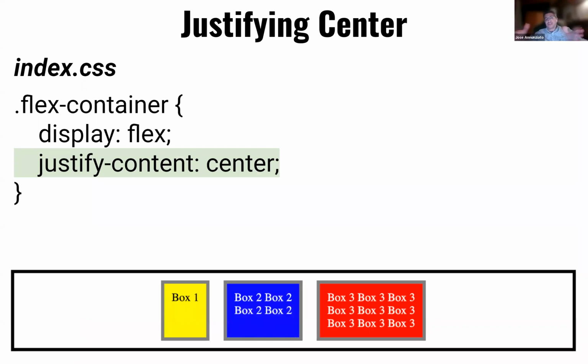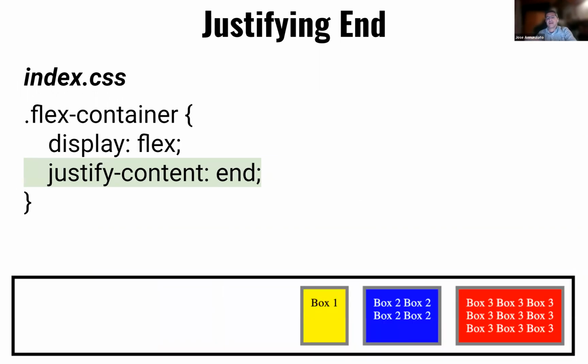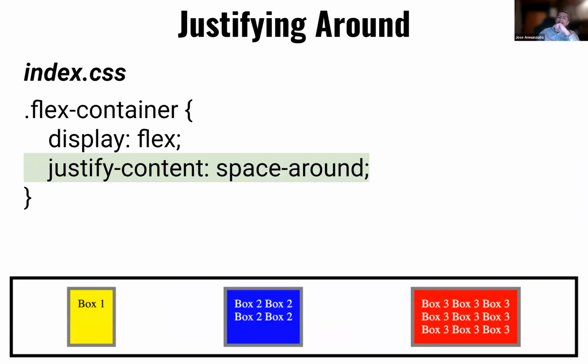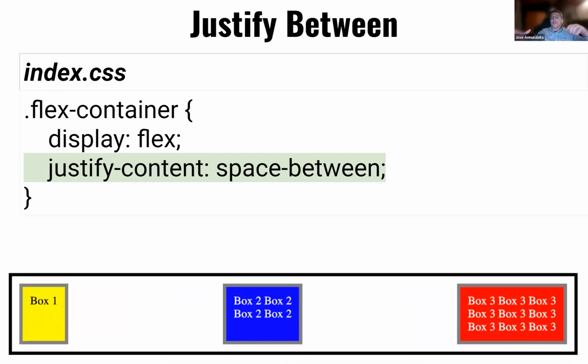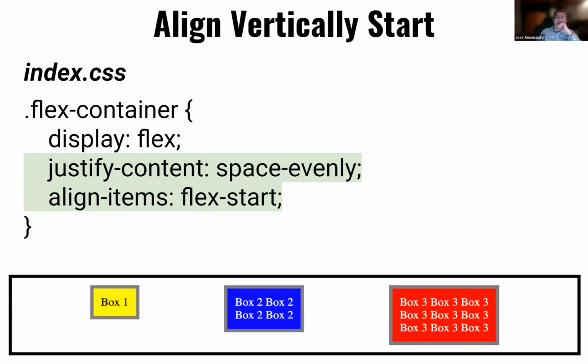Or do they justify to the right, or to the left? By default they justify to the left, but you can center them or justify them to the right-hand side at the end. Or you can put some space in between so that they are evenly spaced out, or fill in the content so that at the ends they're justified to the left-hand or right-hand side.